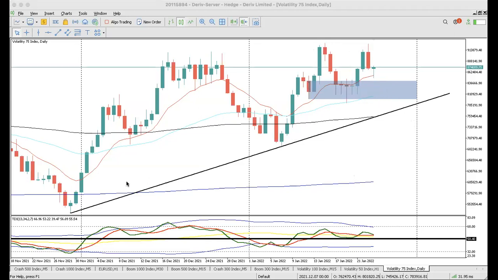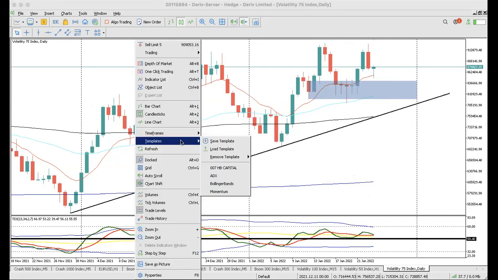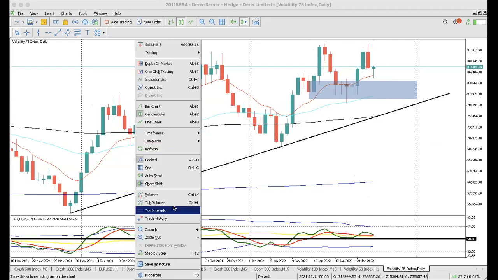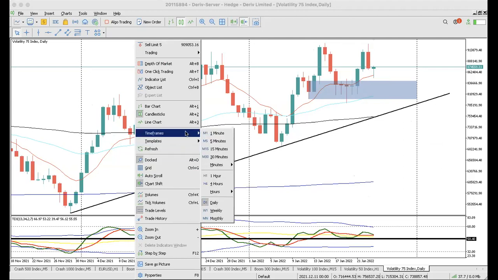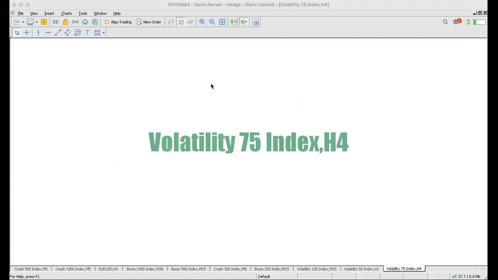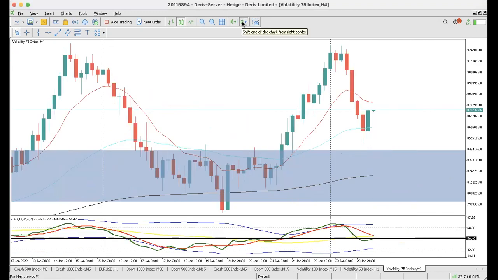When we go to the smaller time frames, now you have a bit of an idea of what might happen. From the daily, you want to go to your 4-hour. Remember, you haven't opened your trade yet. You're still analyzing. You open your 4-hour. Okay, what's going on on the 4-hour?